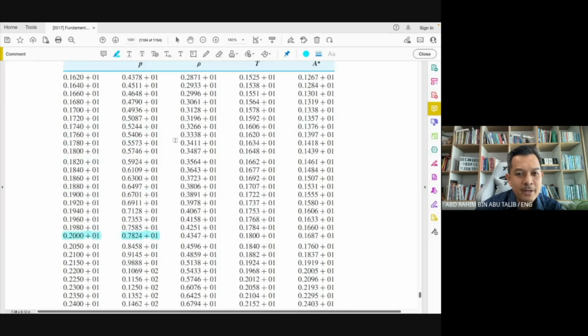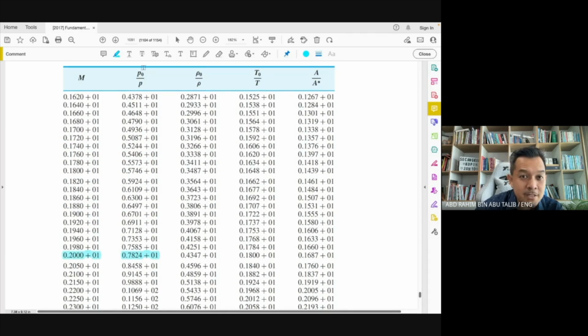Even though it doesn't mention P0 free stream, at Mach number 2 you just read the ratio P0 over P, which is P0 free stream over P free stream, to be 7.824.